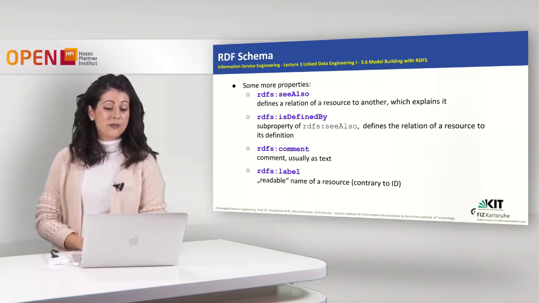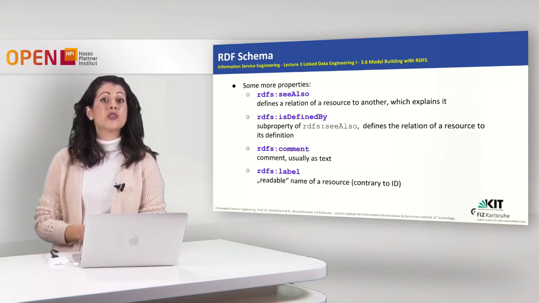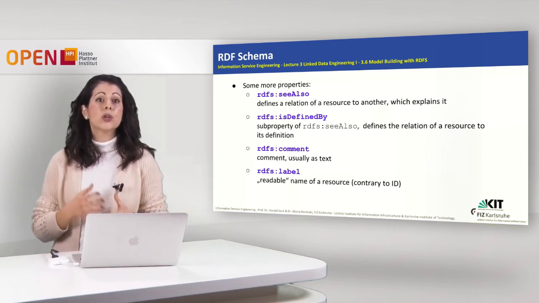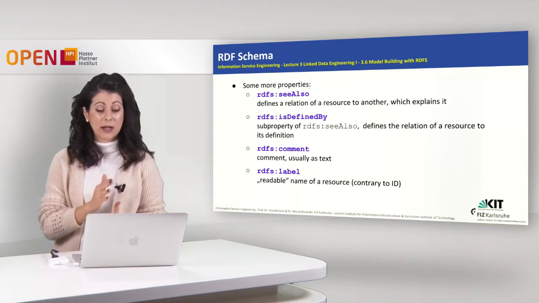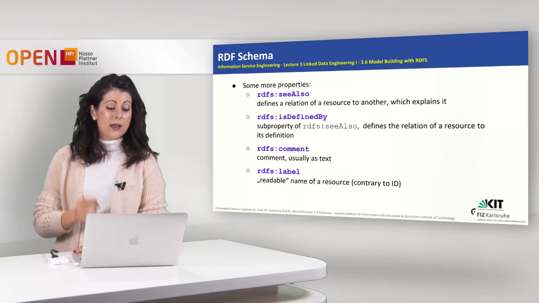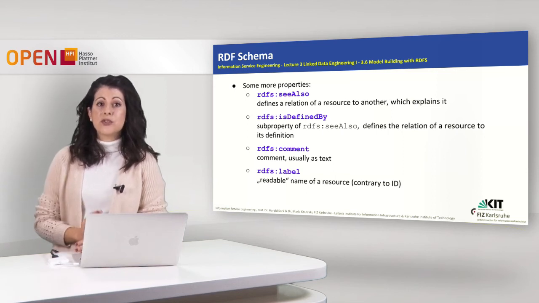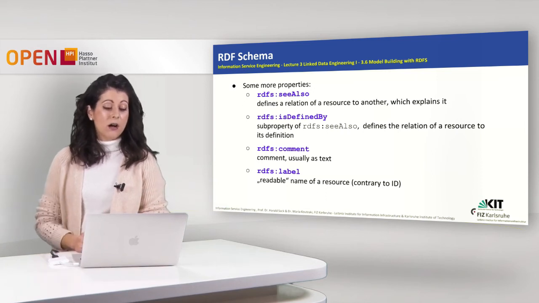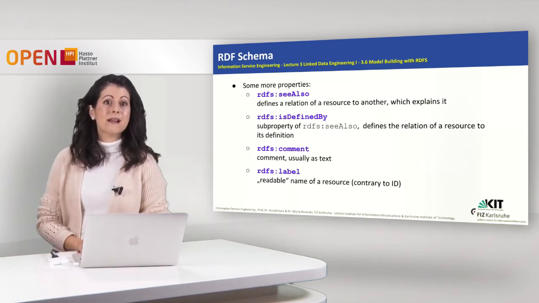Then we have the RDFS is defined by, which is a subproperty of the RDFS see also, and defines the relation of a resource to its definition. So this is clearly the definition and not just an explanation. Then we have the RDFS comment, which is just a comment, or usual text, to comment something about a resource. And last but not least, we have the RDFS label.